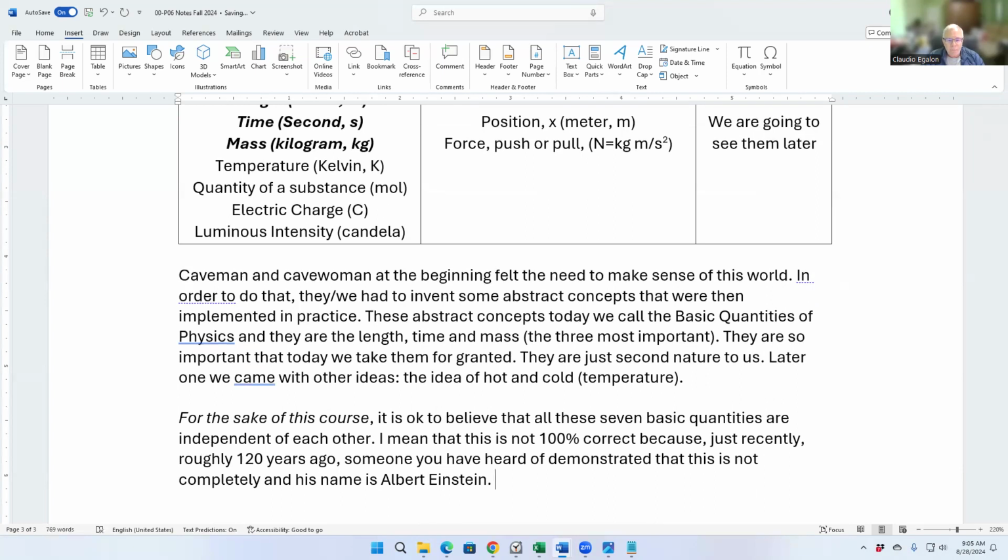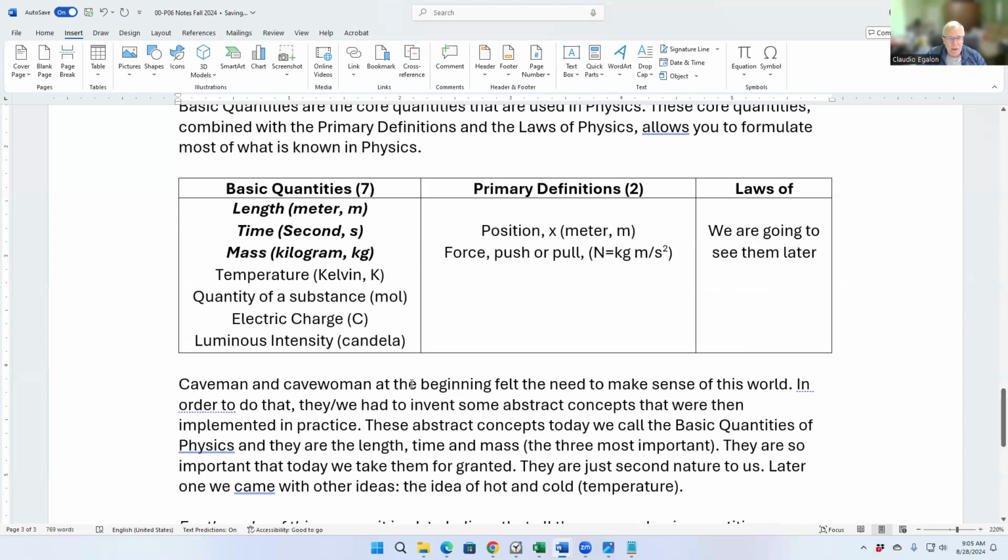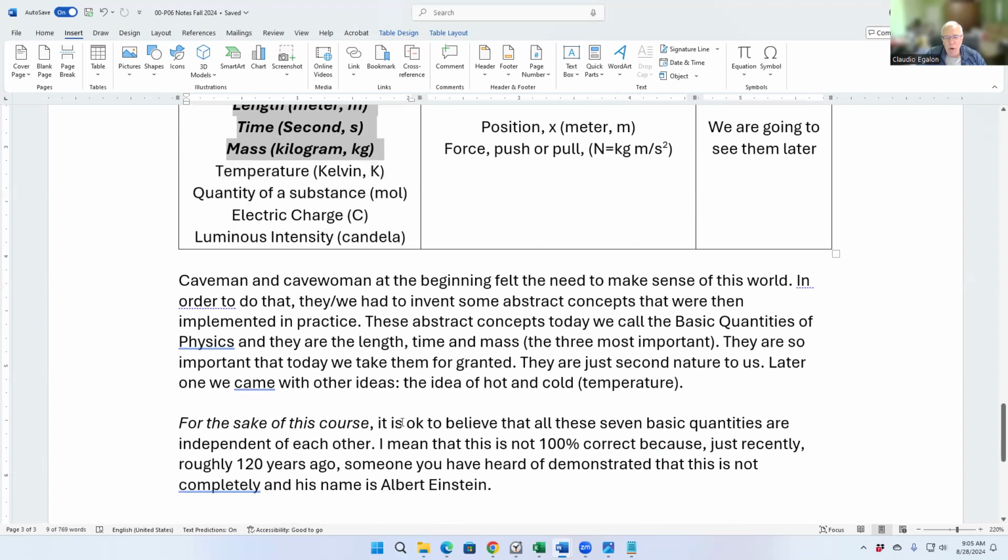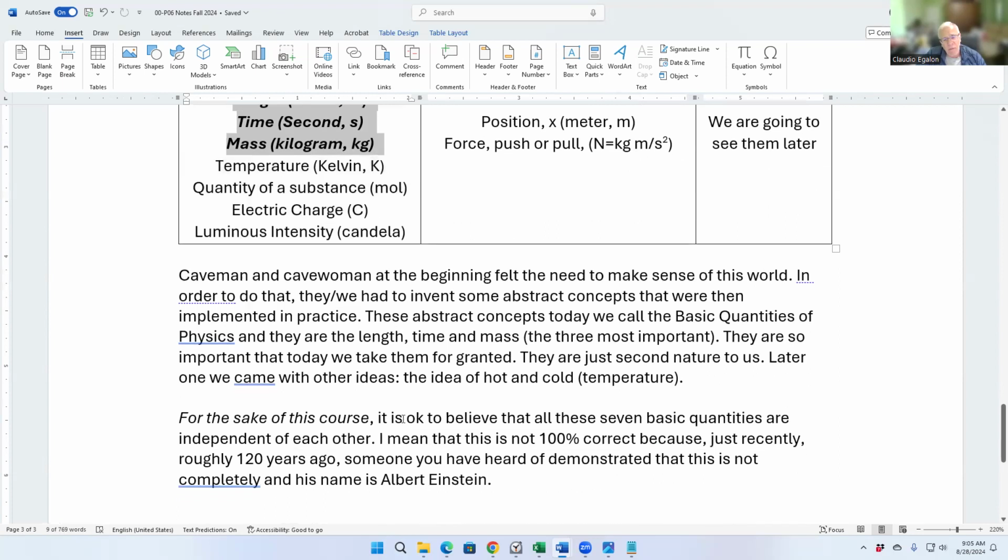So think about that. We spent hundreds of thousands of years and even millions of years thinking that all those 3 quantities, even temperature, all those 4 quantities, all those 7 quantities were independent of each other. One did not depend on the other. And then one day, someone comes along by himself, and he was the only one who came up with this idea.